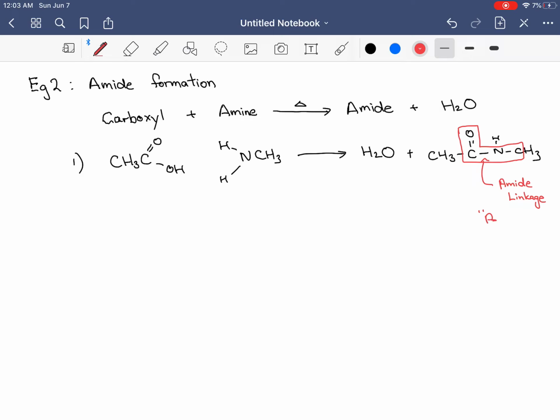Biologists like to call this a peptide bond. I wonder if that name rang a bell. Yes, it is the idea of putting amino acids together. When you have one amino acid reacting with another amino acid, it creates an amide linkage called a peptide bond.